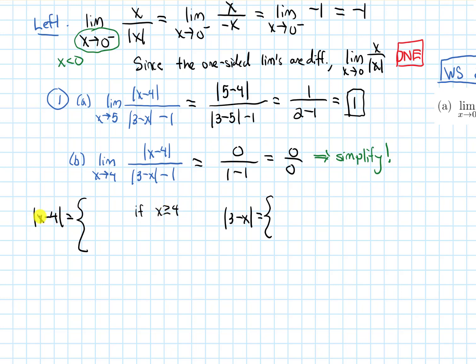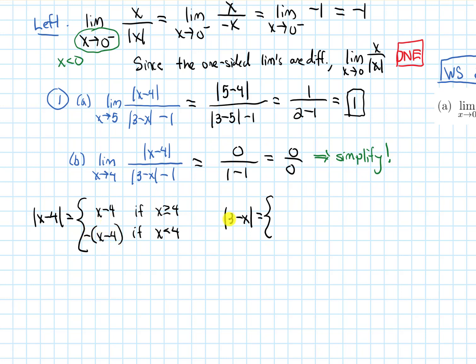And that makes the inside non-negative, so then I can just get rid of the absolute values. That's just going to be x minus 4. If x is less than 4, then the inside of the absolute value is negative. So when I get rid of the absolute value, I need to put another negative in front of that whole thing to make it non-negative.